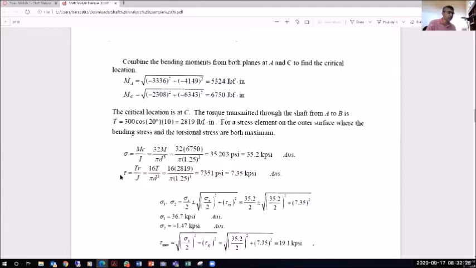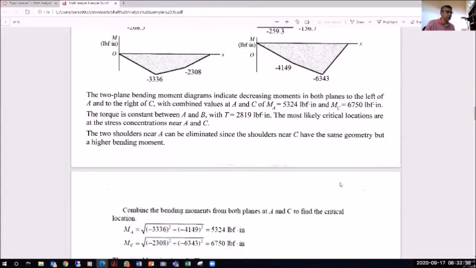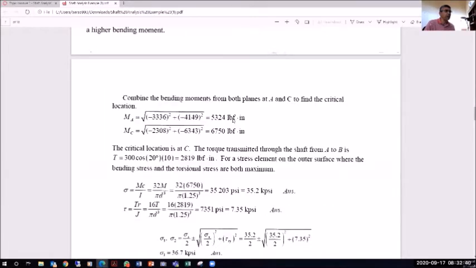These are specifically, stresses are always calculated at a point. And this point is on the outside or the circumference of the shaft at that critical section at C. So I can simply show that on a stress element. I can show my stresses.